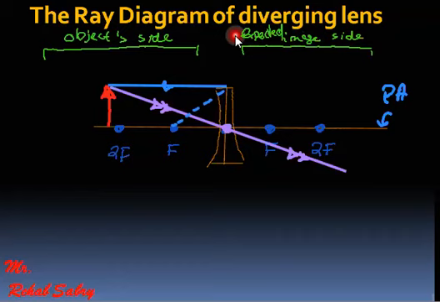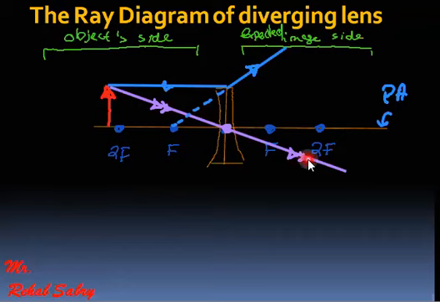So it goes in this direction, away, such that it seems to come from the focus. This is the extension. If I ask you, where is the image formed? We said the image is formed if the two rays meet each other, but here one ray is going here and the other ray is going away, so they will never meet.